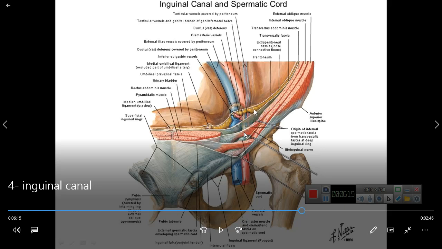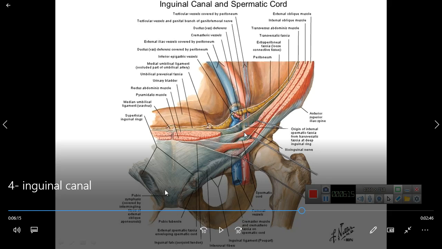This is yellow color. Then going externally, it is the transverse abdominis muscle, the internal oblique, the external oblique, and the inguinal ligament. From here, the deep inguinal ring, to here, the superficial inguinal ring, this is named the inguinal canal.